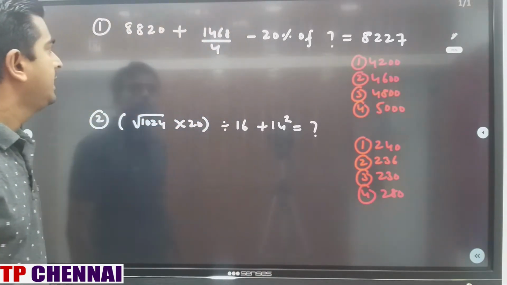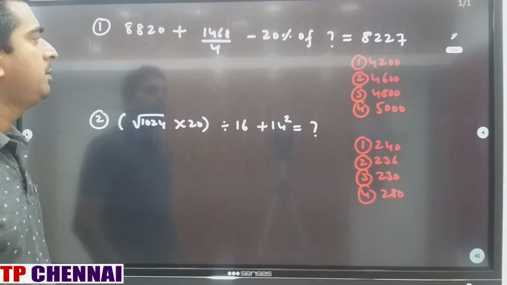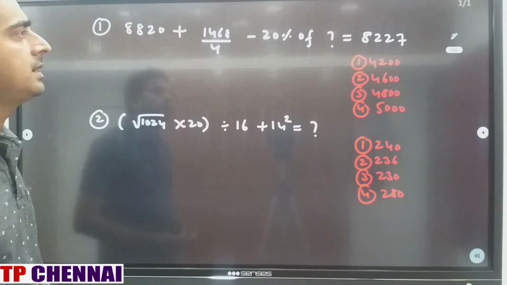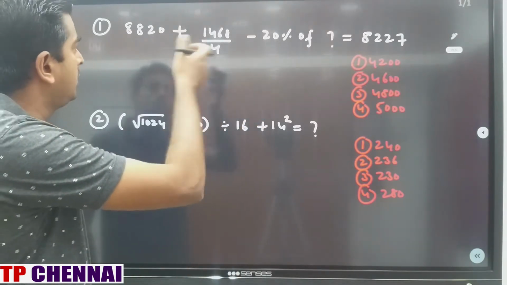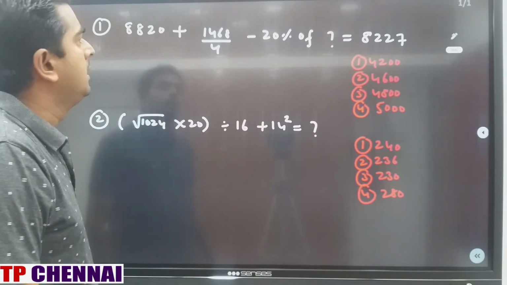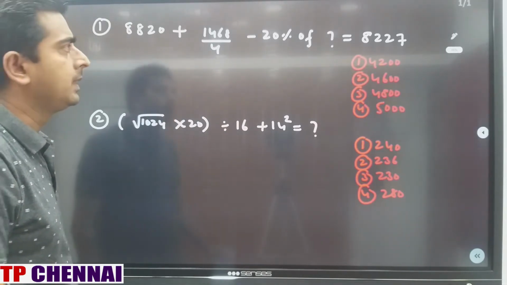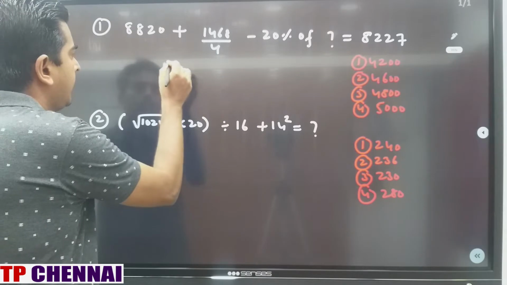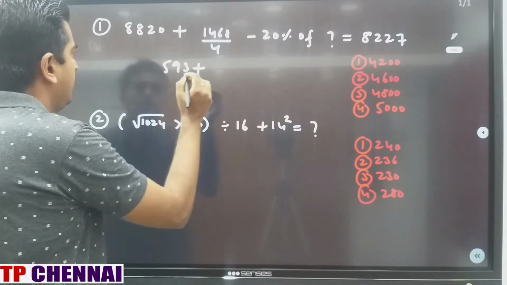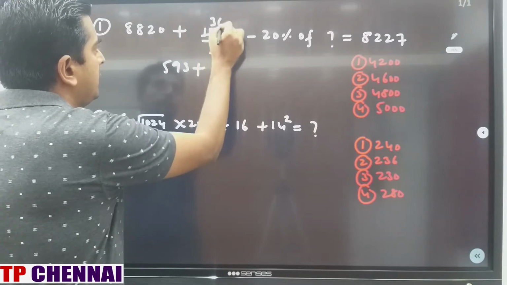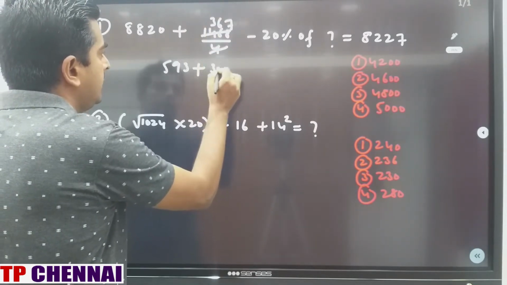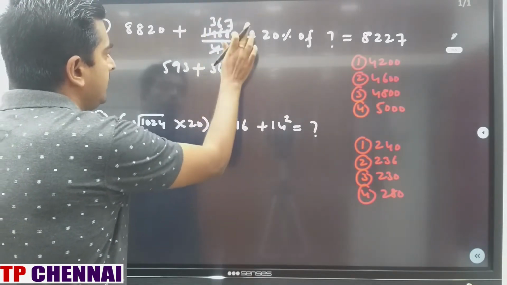First one, 8820 plus 1468 divided by 4 minus 20% of question mark is equal to 8227. First subtract 8227 from 8820. So this is how much? 593, right? 593 plus, this is 4 3 is 12, 4 6 is 24, 4 so 368, 367, right?